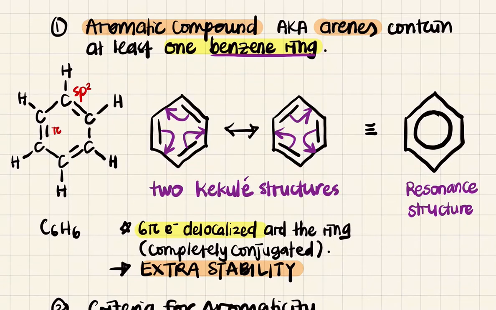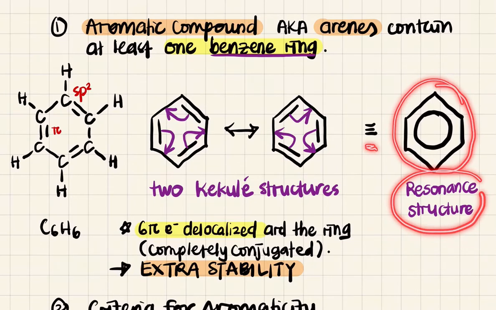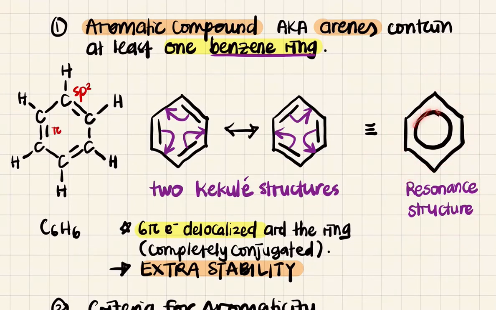Alright, so these two Kekulé structures are actually equivalent to the resonance structures of your benzene ring. So ini nak menunjukkan yang your 6 pi electrons are delocalized around the ring.